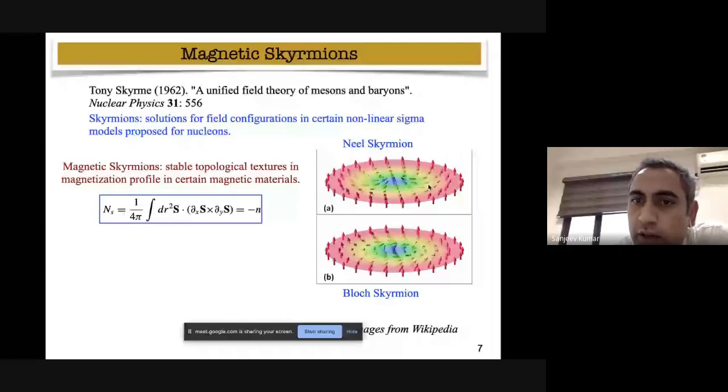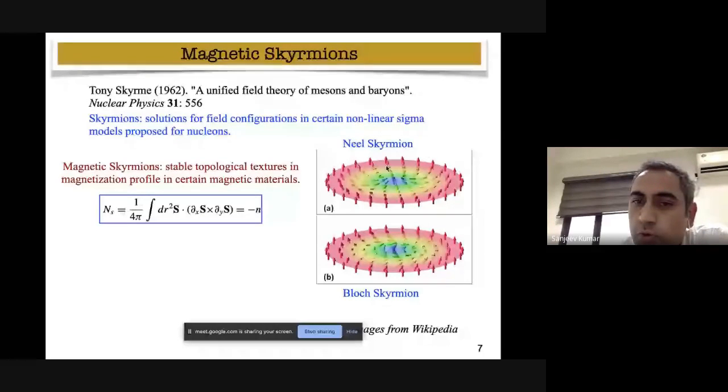And what is the Neel character? The Neel character is that if you come to a certain circumference where all spins are pointing in the XY plane, the Z component has gone to 0, then the orientation of these spins is along the r cap direction. So that's the Neel skyrmion.